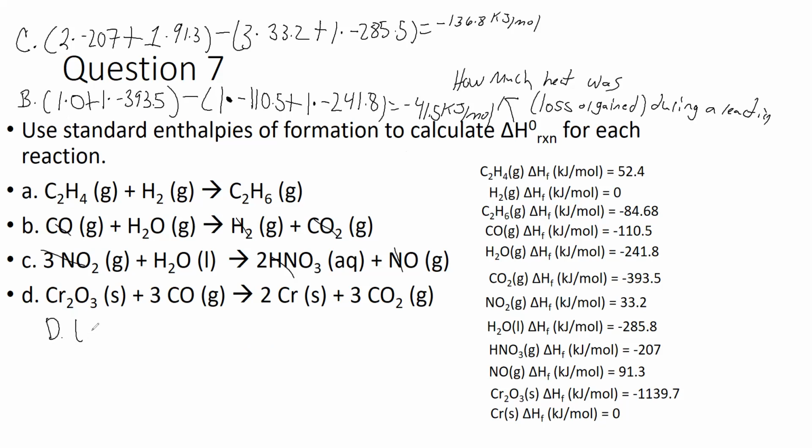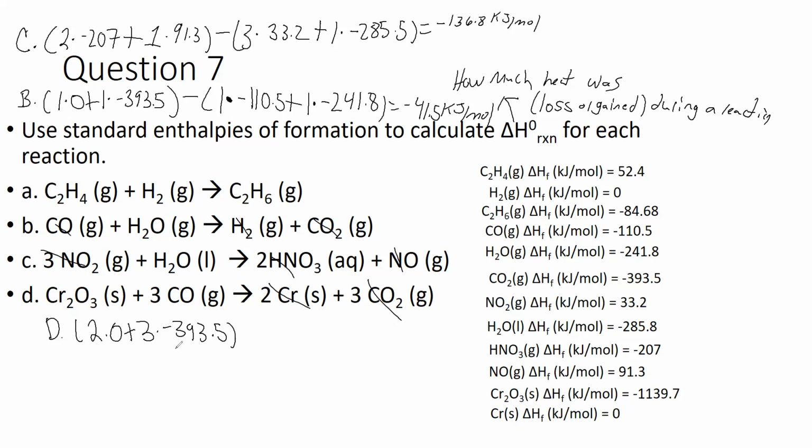So start with the products. 2 moles of chromium solid. Well, chromium solid is the standard state of chromium, so that's 0. Plus 3 moles of carbon dioxide gas. Carbon dioxide gas is negative 393.5. End parenthesis, because that's my last product.